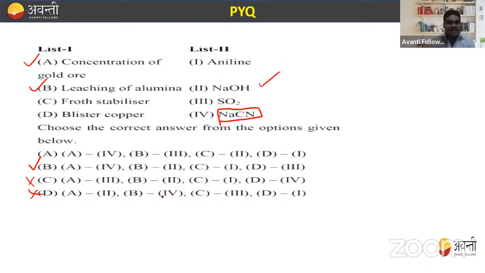So the correct option is B. A is equivalent to 4: for concentration of gold ore, we use NaCN. Similarly, for leaching of alumina, we use NaOH. An example of a froth stabilizer is aniline. And for blister copper we use the third, SO2. So these are absolutely correct answers.